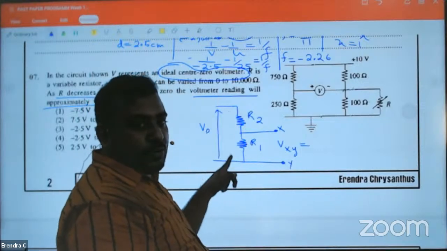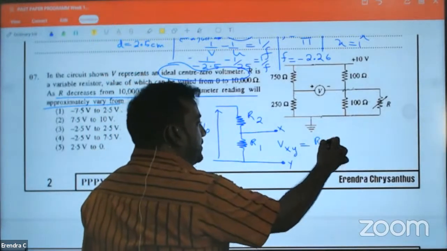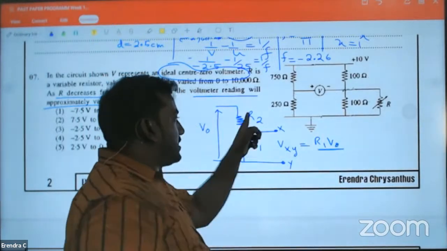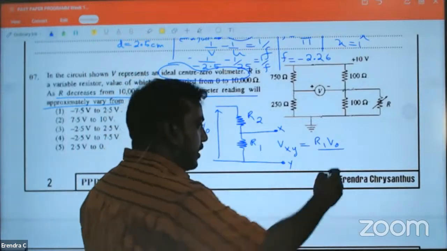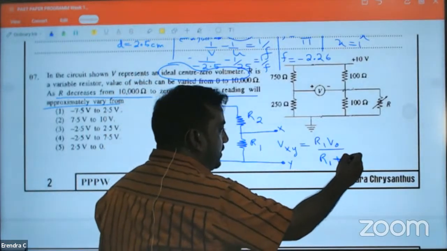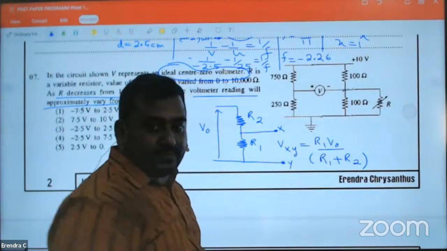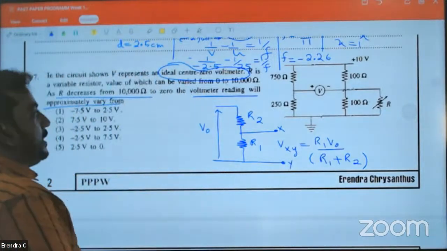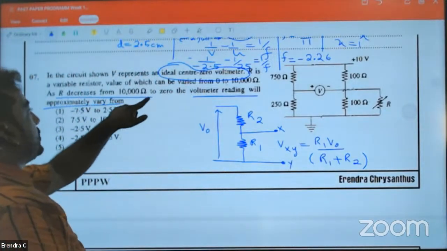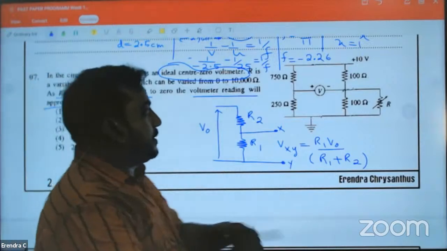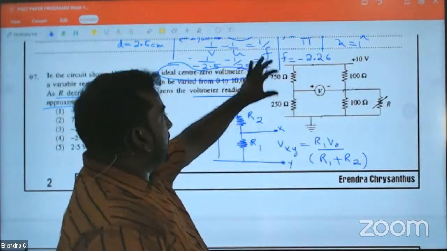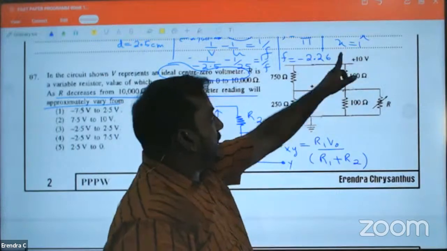Resistance into total voltage, divided by the addition. Remember this, no? Now, from 10,000 to 0, I'm reducing, so 750, 250, 100, 10 volts on top.